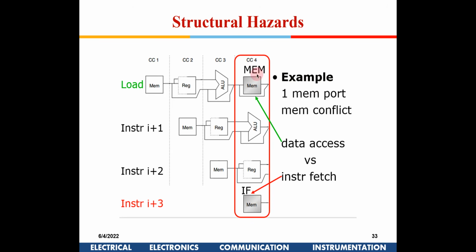But this is also overcome by using multi-phase clock signals, because instruction fetch will be completed in the first phase of the clock, whereas this write operation will happen in the last phase of the clock. If you remember the previous class where we discussed the timing signals, although the same hardware is used here and here, we can still overcome this issue by using multi-phase clocks.